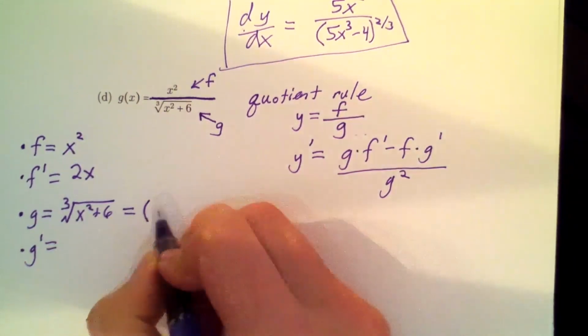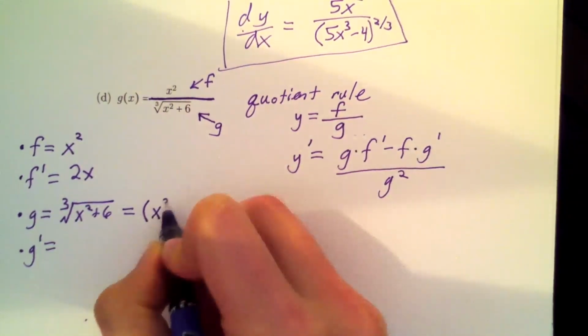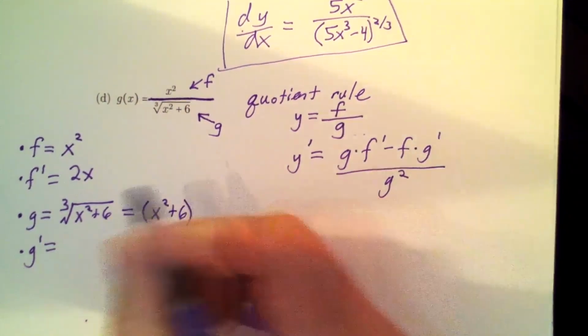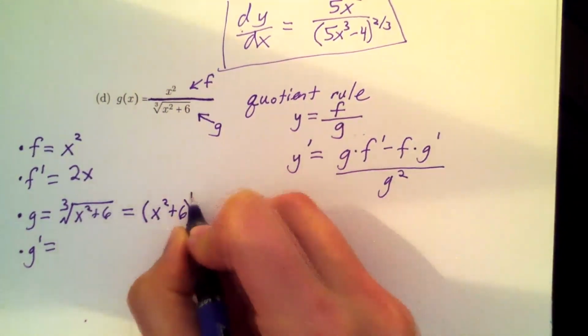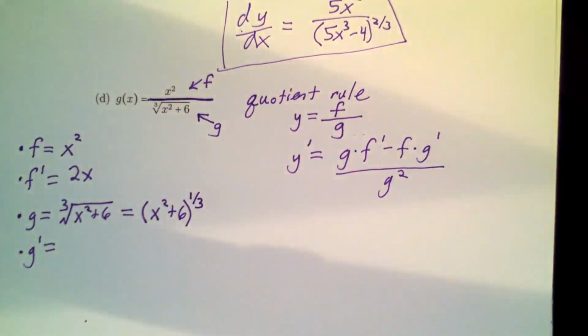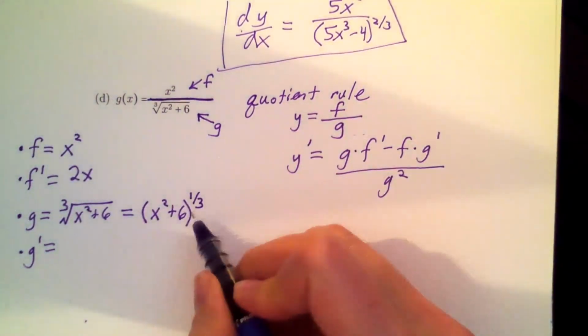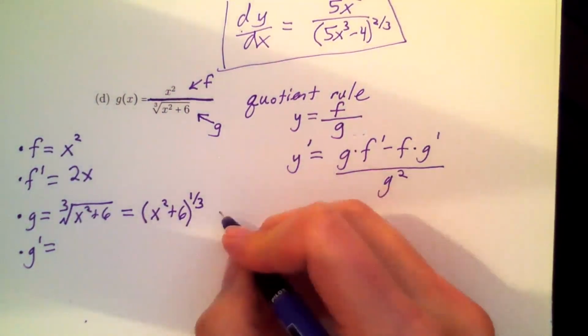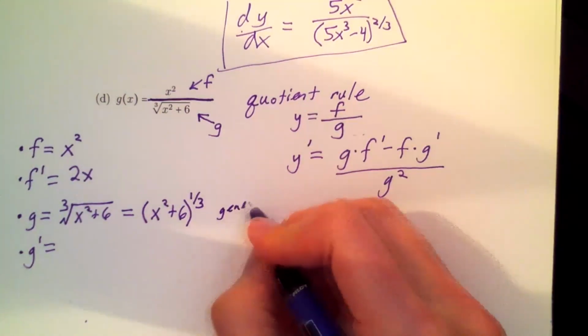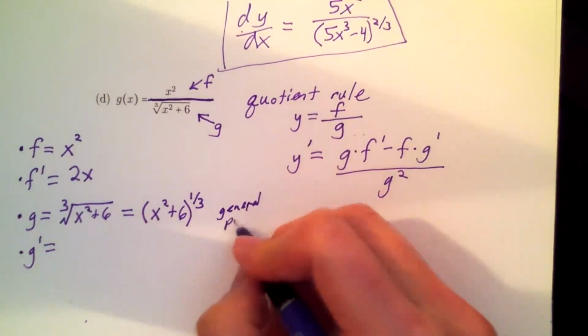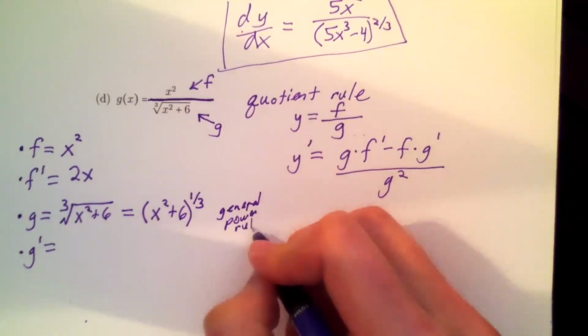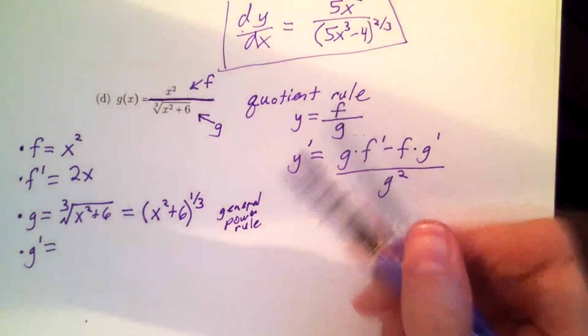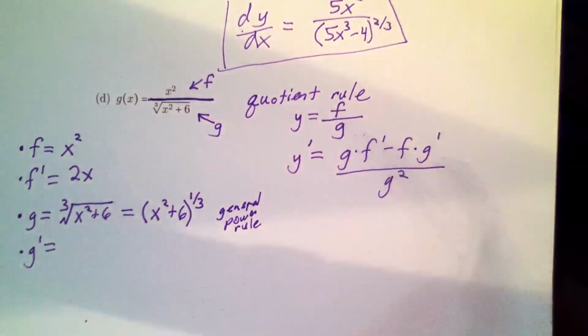I mentioned it last time, but we don't like roots in calculus. So let's relabel this, where cube root is the 1/3 power. Now when I look at g, it's x squared plus 6 to the 1/3. Now it looks like that's something in parentheses to a power format. This is where, okay, now I've got to use the general power rule. I have a rule inside of a rule. I have a power rule, general power rule inside a quotient rule.